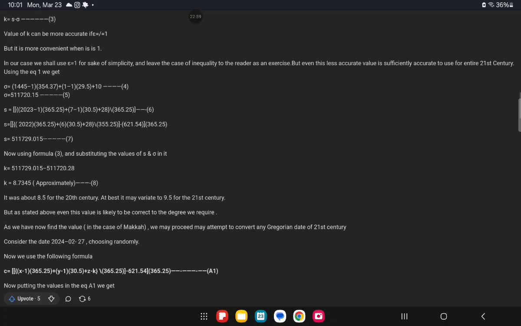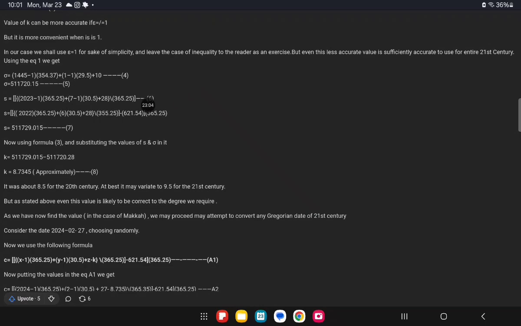For that, I did all of this before you subtract 621.54 to about 3 decimal places, which is slightly more precise than 1 calendar day.